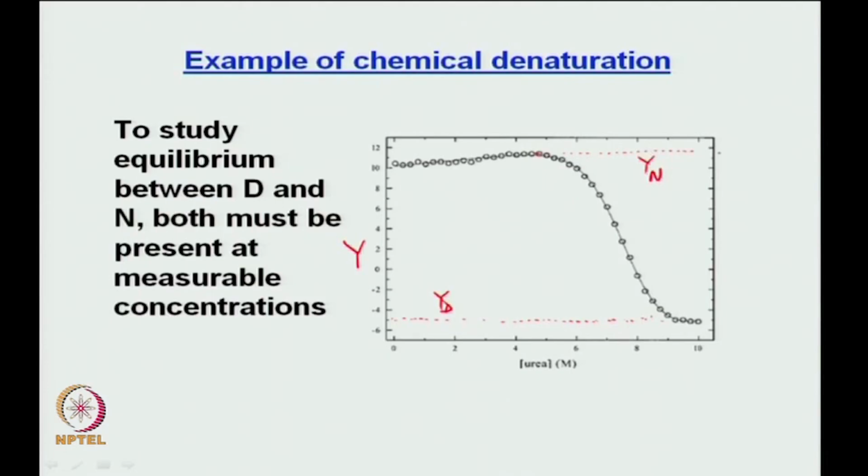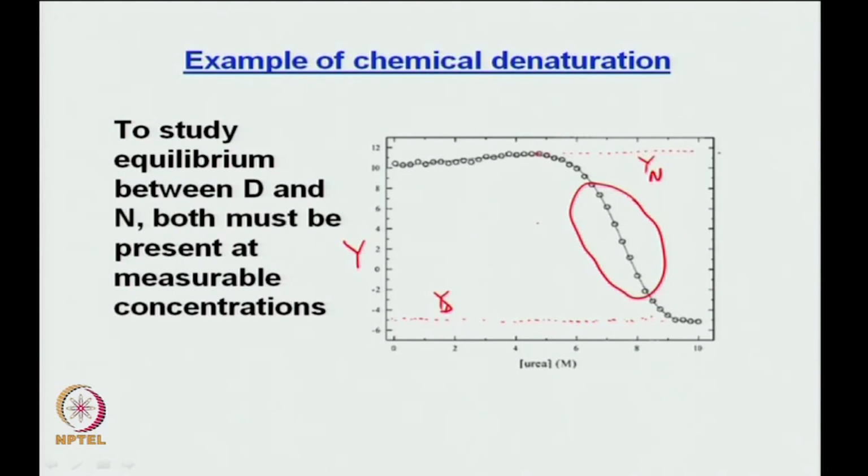Now, as the statement adjacent to the figure says, to study equilibrium between D and N, both must be present at measurable concentrations. If both must be present at measurable concentrations, what region of this transition curve am I looking at? Somewhere close to this. So, this is my transition region, and this is the region which is going to give me the most reliable values of delta G, right.